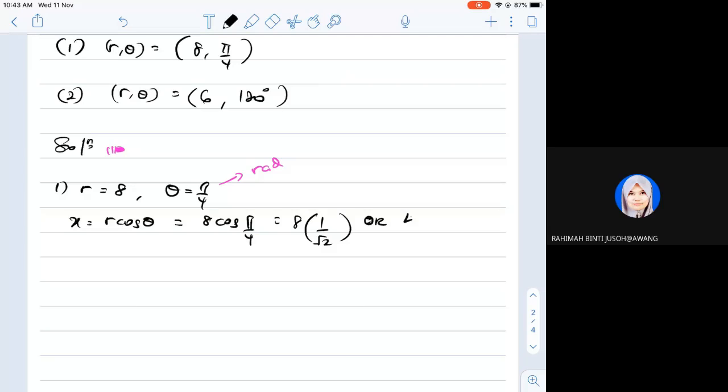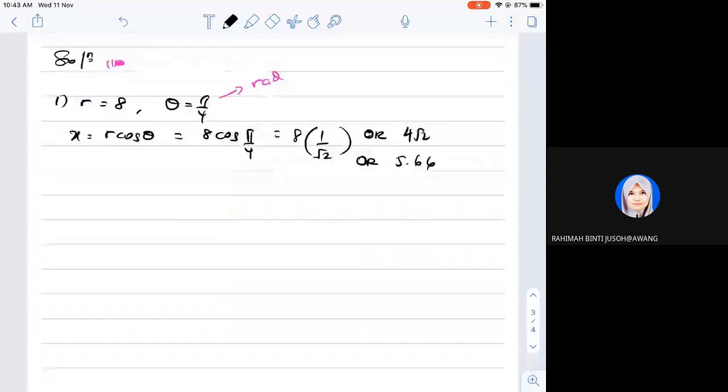This is also equal to 4 square root 2. 5 point how much earlier? 6. 6. Okay, so that's the coordinate.